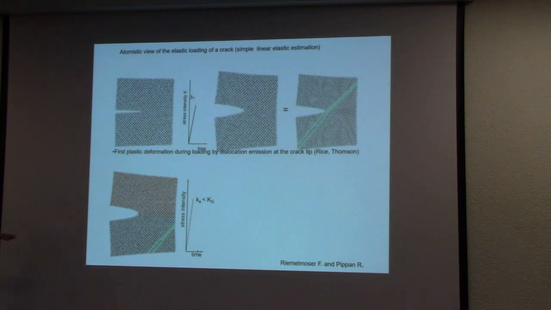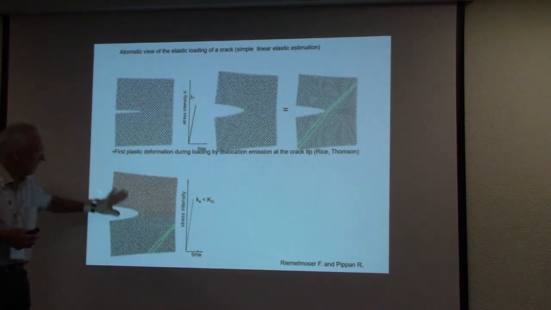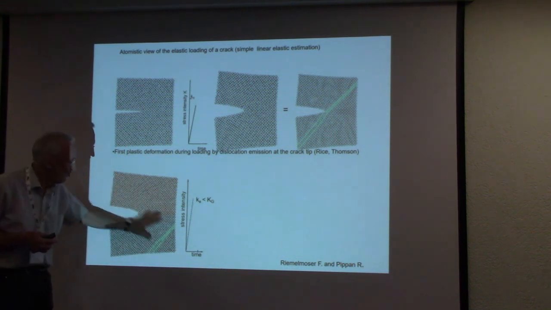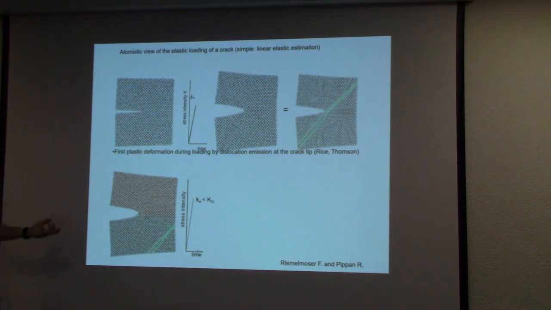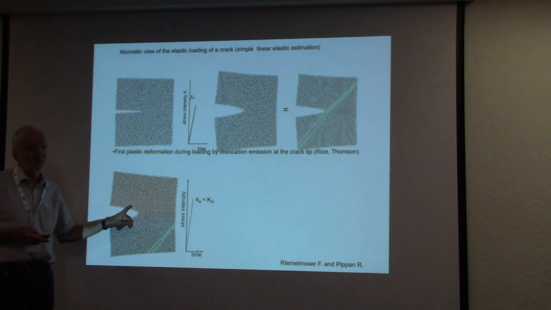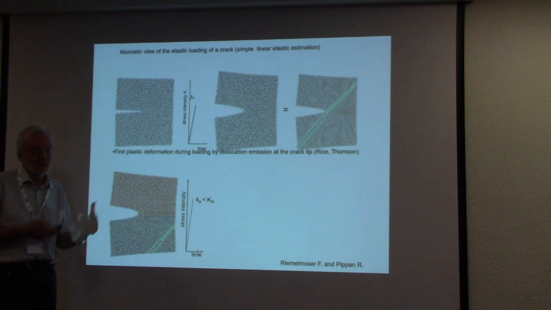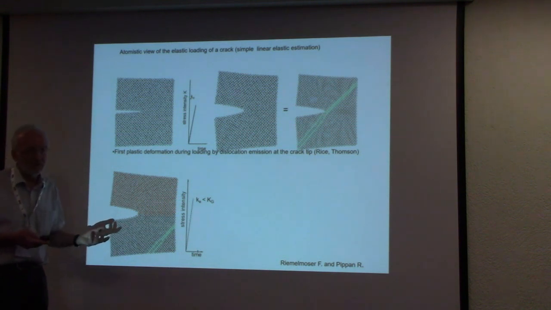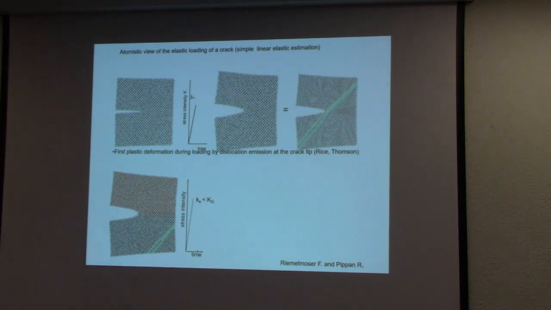But this discrete nature of plasticity can describe the evolution of plasticity, while it is difficult to describe even the separation process at the crack tip. It can only describe the plastic process, then you have to make further assumptions.